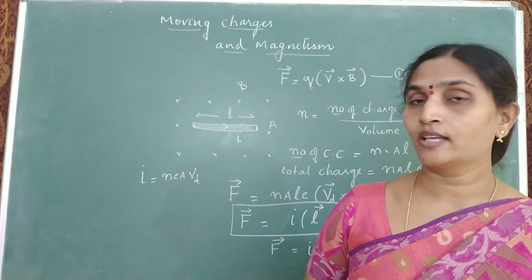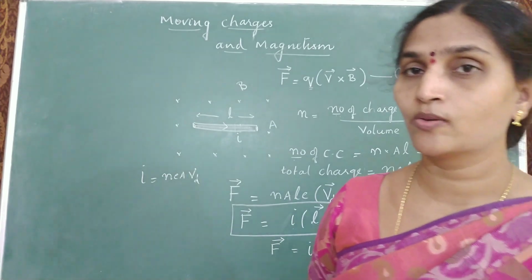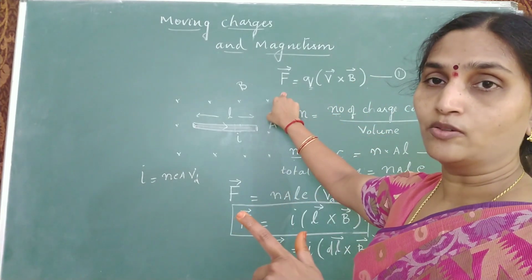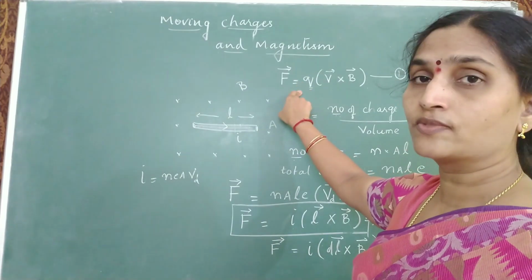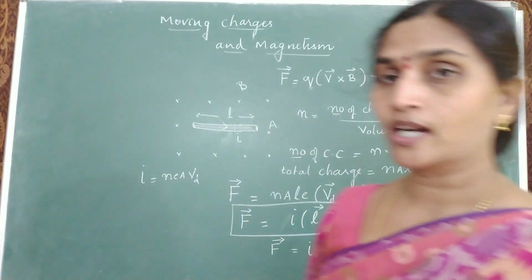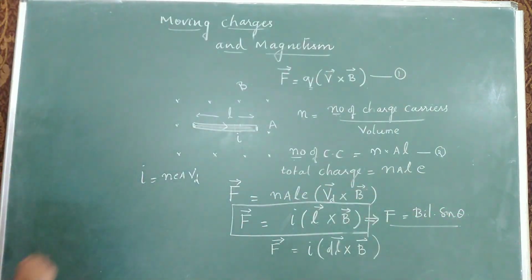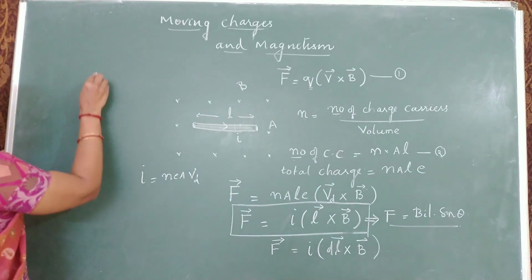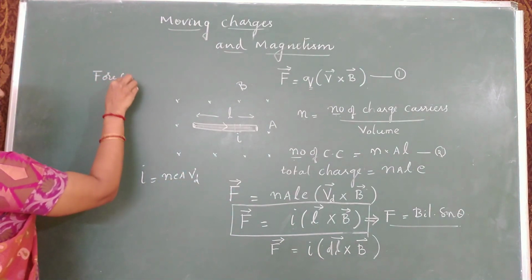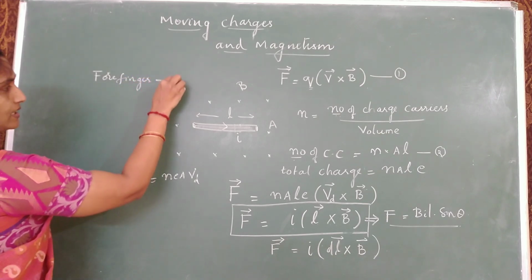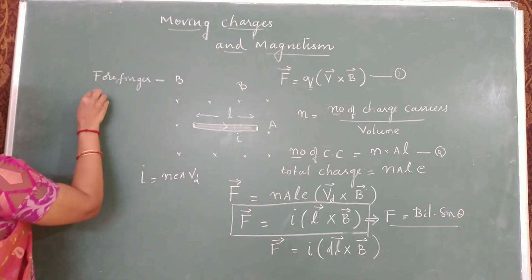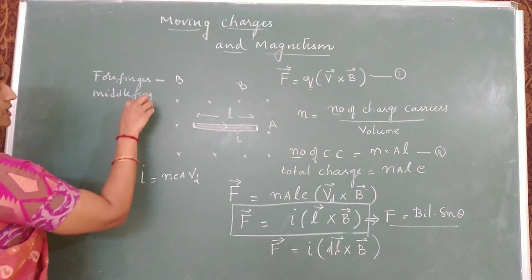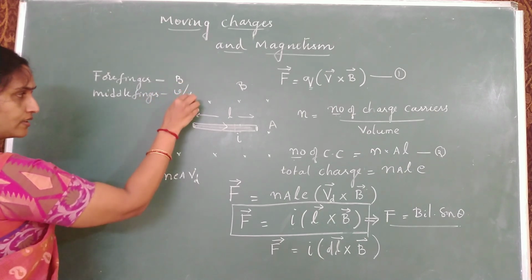But now coming to evaluating its direction. If you remember, what was the rule we have used for finding out the magnetic force? Fleming's left hand rule. During the definition of Fleming's left hand rule, I told you, if you stretch the three fingers of your left hand in mutually perpendicular directions, then the forefinger indicates magnetic field, and the middle finger indicates velocity or current.